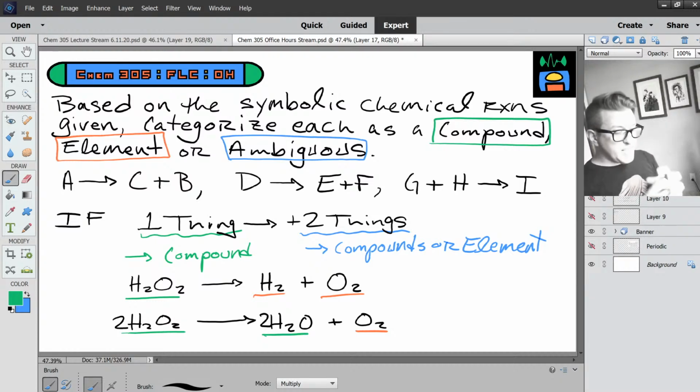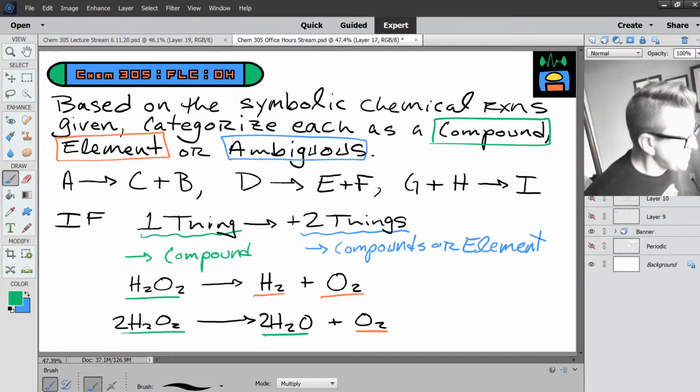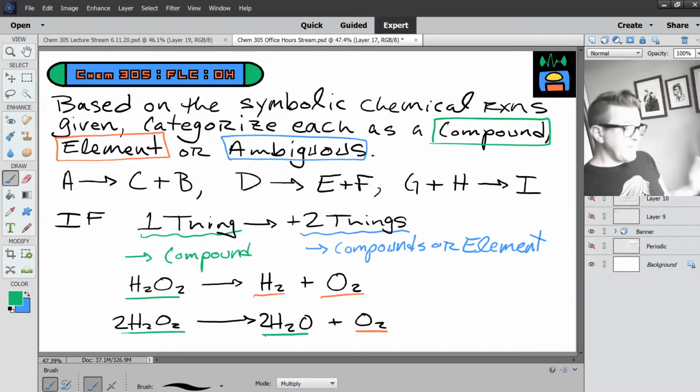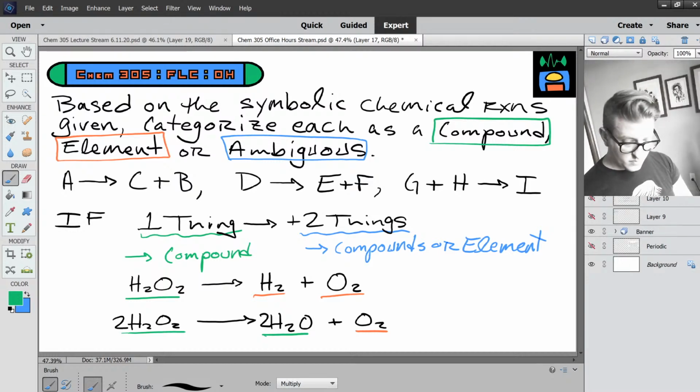So when you have one thing breaking down into multiple things, it doesn't tell you about the pieces it breaks into. Those could be compounds or elements, but the fact that you started with one thing and it broke into multiples tells you that that one thing you started with was a compound. All right?